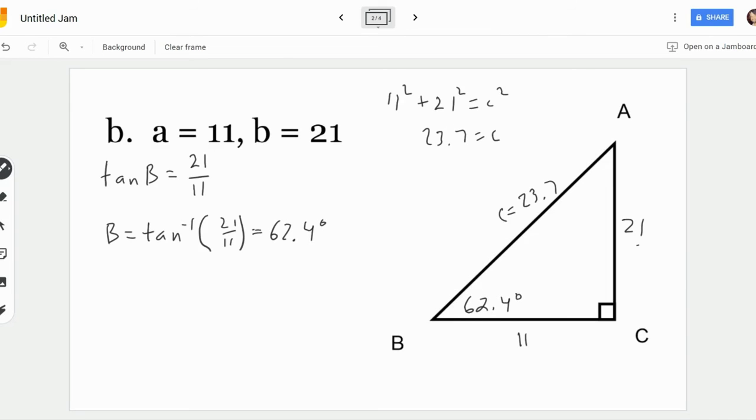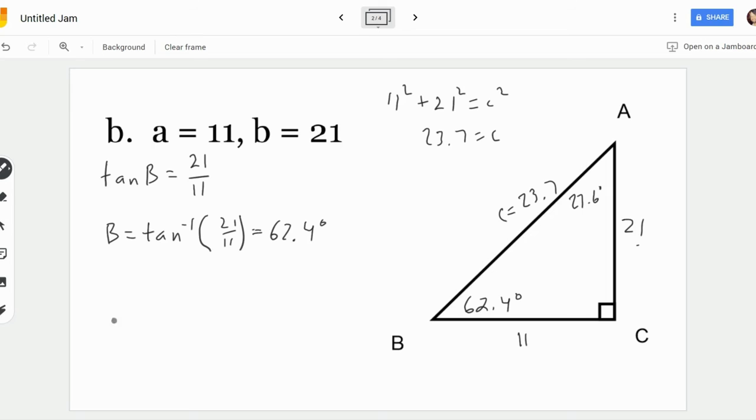And what makes this okay is there's really nothing left to do. We know that these three angles have to add up to 180. So I could say 90 minus 62.4, because we already know that this is 90. This would then be 27.6.